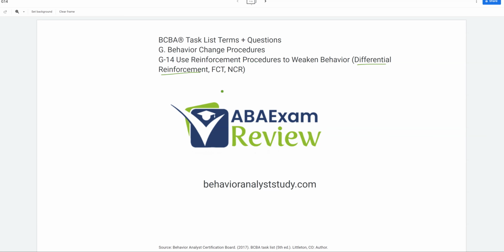It's the idea where we are reinforcing one behavior and putting other behaviors on extinction. Functional communication training and noncontingent reinforcement are covered elsewhere, so we're not going to focus specifically on these two ideas today, although they can also help to weaken behavior through reinforcement. Our primary objective today is to talk about differential reinforcement.